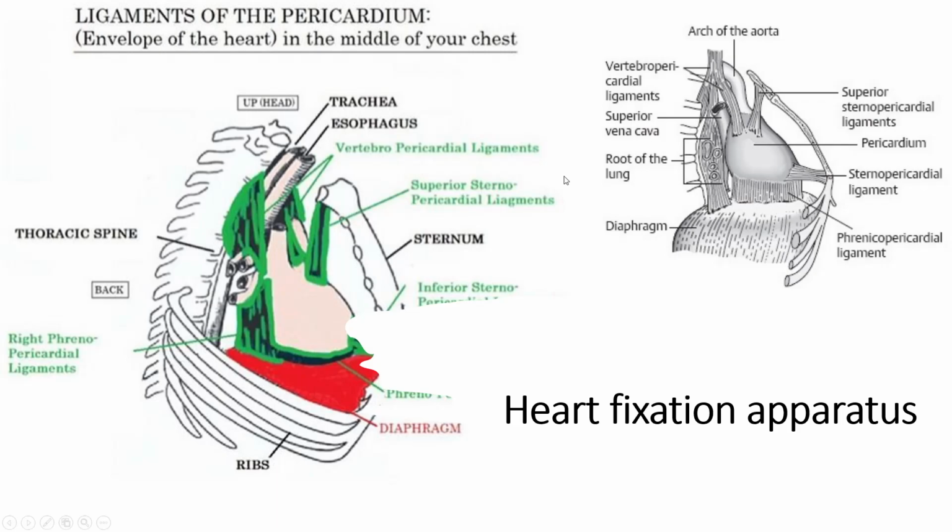Heart fixation apparatus, the ligaments of the heart. The pericardium is the envelope of the heart in the middle of your chest. Here we see all of them: the arch of the aorta, the ligamentum vertebropericardiale, the superior sternopericardial ligament, the lower sternopericardial ligament, and the phrenico-pericardial ligament, which connects the diaphragma with the lower base of the heart, the facies diaphragmatica cordis.